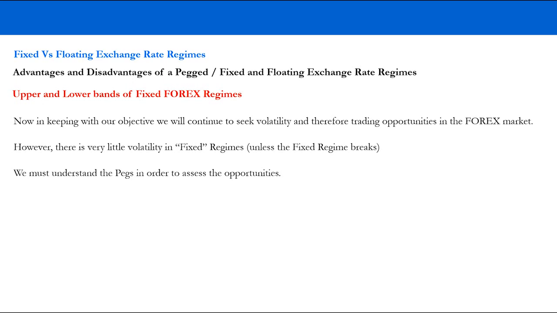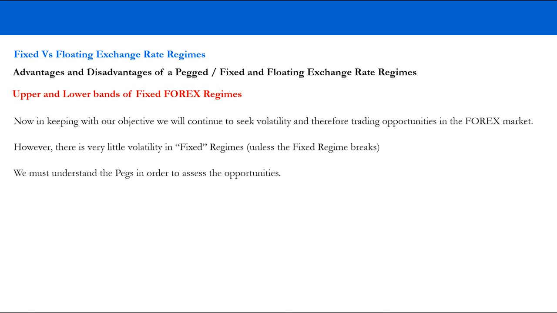But what we've got to do in order to continue to build out our opportunity set is we've got to understand further how the pegs actually work in practice. And this is also by default going to increase our macroeconomic knowledge. So if we ever see these things in the future where a fixed regime or peg breaks away, then we know potentially that volatility is going to occur, and we know how to deal with the situation.